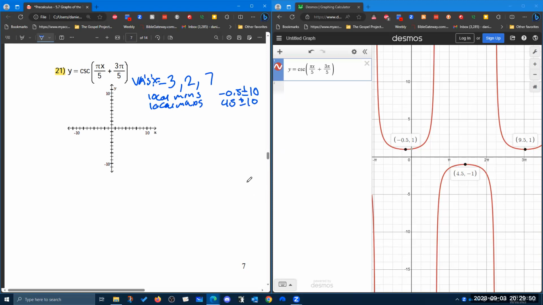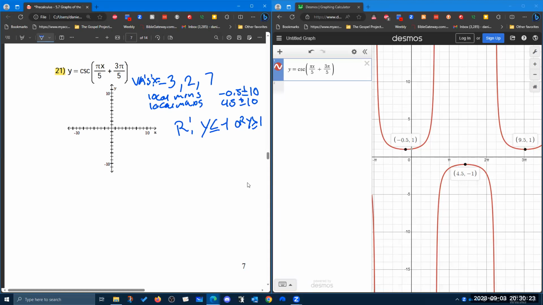And our domain is going to be x is not equal to where those vertical asymptotes are. Our range is going to be y is less than or equal to -1, or y is greater than or equal to 1, our regular range of cosecant.